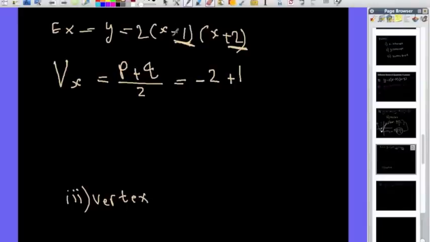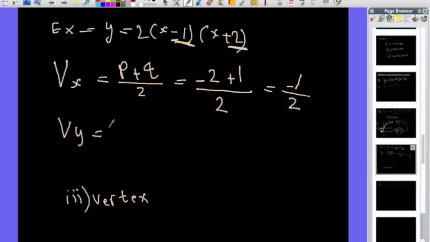Because I told you to change the signs. So it would be -2 plus 1 divided by 2, which is -1 by 2. Oh sorry, it's -1 by 2.